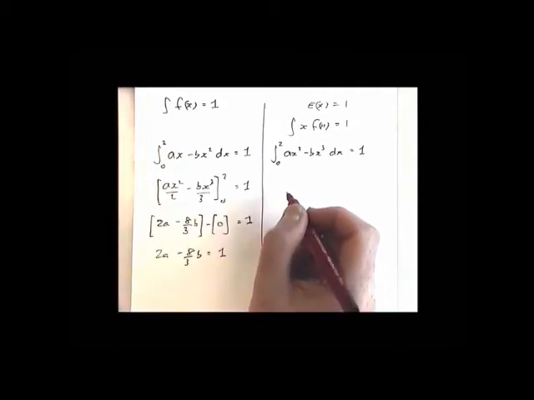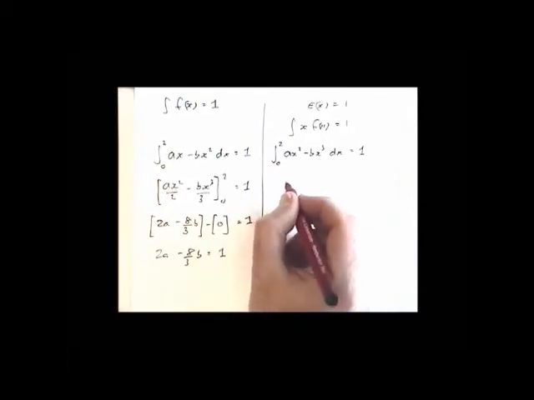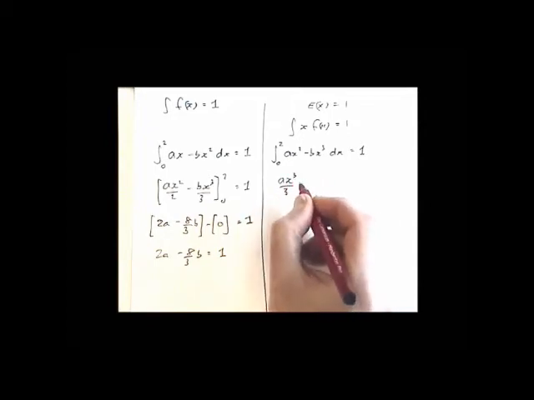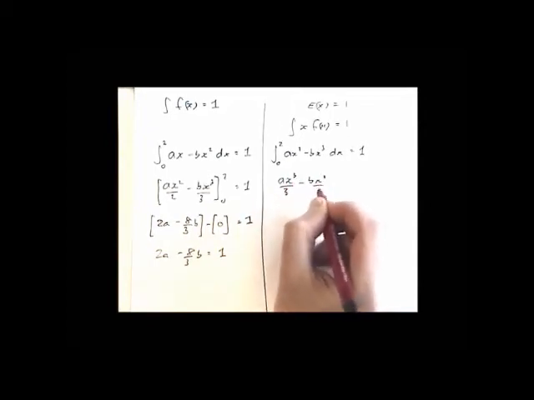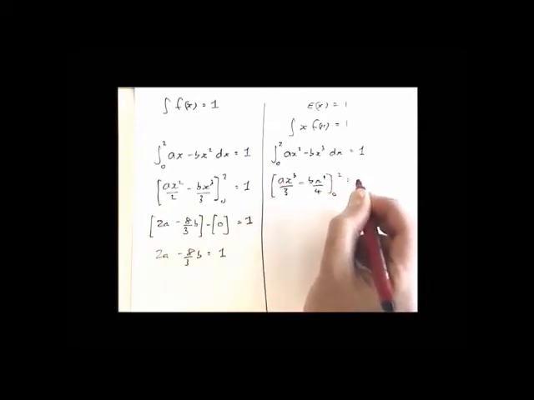So, can I have a volunteer to do the integration on the one on the right? Mr. Lomax, thank you. You would get ax cubed over 3, minus bx to the 4 over 4. Yep, okay. And again, put the limits in, 0 to 2, that's equal to 1.